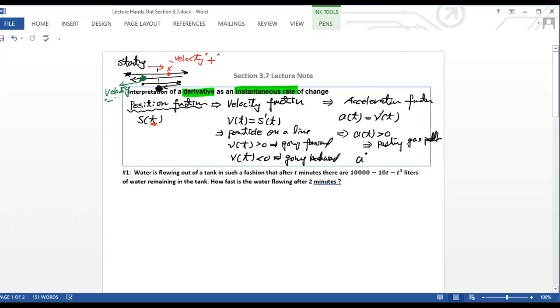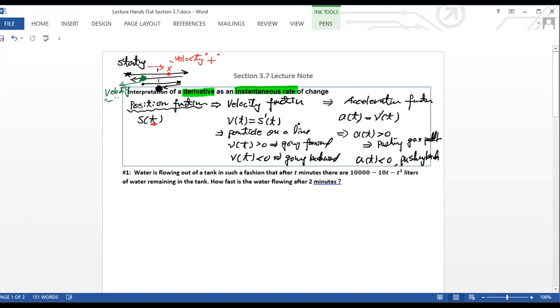Now if you go forward and your acceleration is less than 0, that means you are pushing the brake, so you try to slow down. This is what we call acceleration, the second derivative of the position.